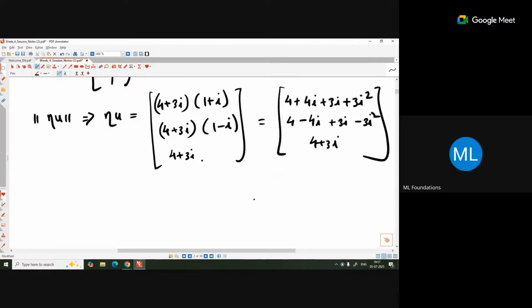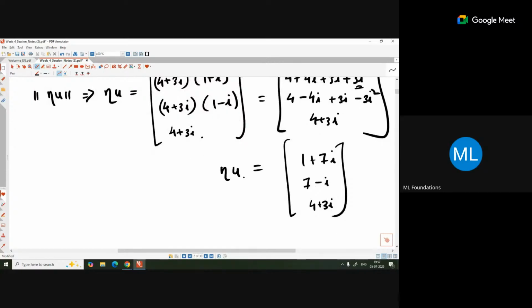This part becomes minus 3, so it will be 1 plus 7i. This part becomes plus 3, so it will become 7 minus i, and it is 4 plus 3i. So this is my vector eta times u.